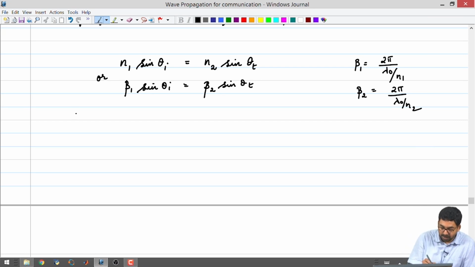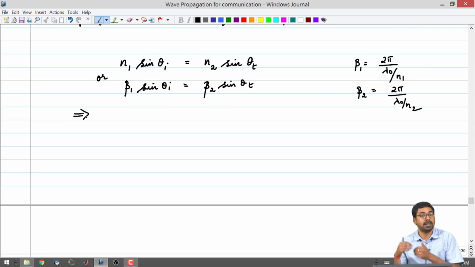And one of the things that we have done in all the prior derivations is that wherever we had sin theta t or cos theta t in our reflection coefficient calculations, whenever we had some cos theta t, we tried to substitute it in terms of theta I to reduce the number of variables, right.